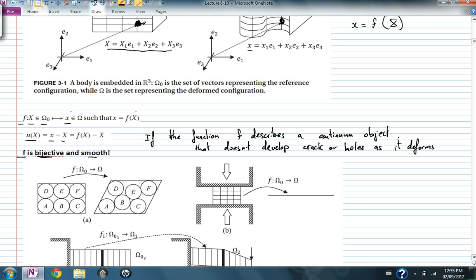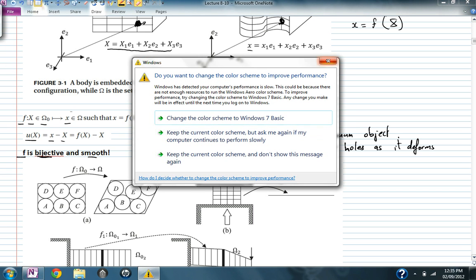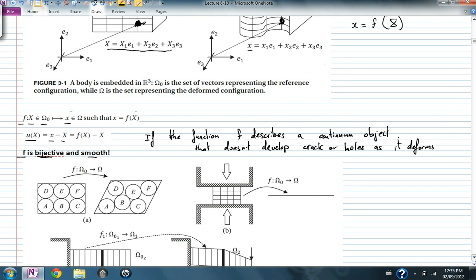And I'll give you an example of an object that, once it deforms, does not maintain this bijectivity. If you have a piece of metal, a block of metal that you deform into a sheet, this f is not bijective because this whole line is deformed into one point.